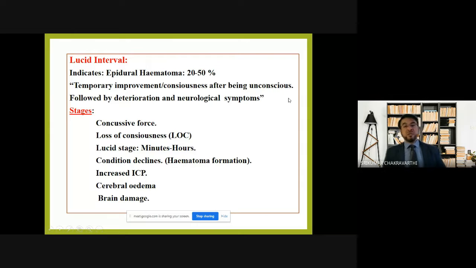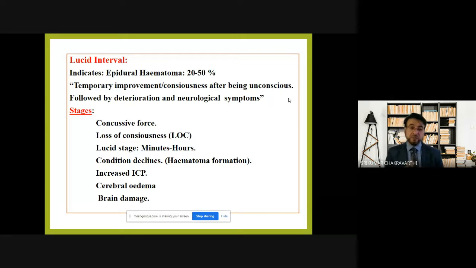Okay, so this is what I told you about a couple of slides ago. A lucid interval usually occurs in an epidural hemorrhage or an epidural hematoma. As I mentioned earlier, it is a temporary improvement in the condition or the consciousness level in a person after being unconscious.